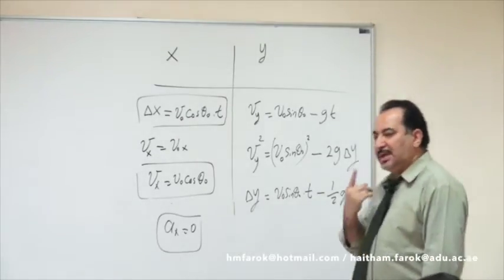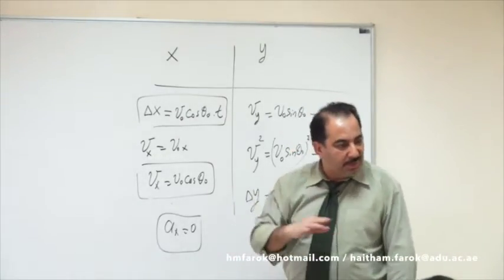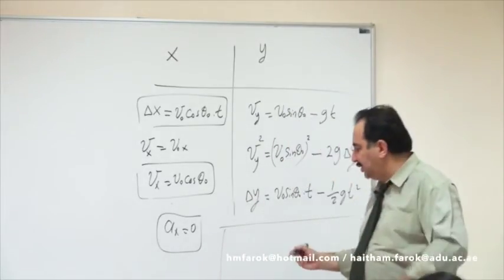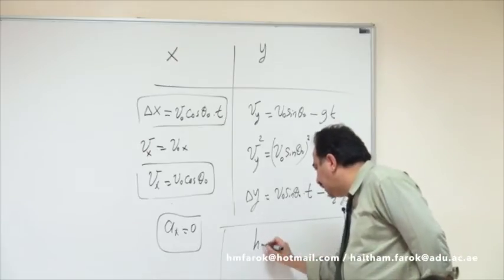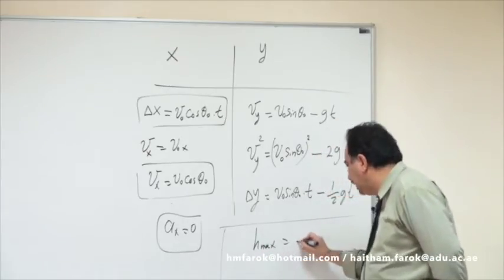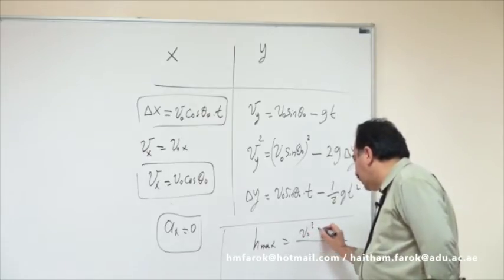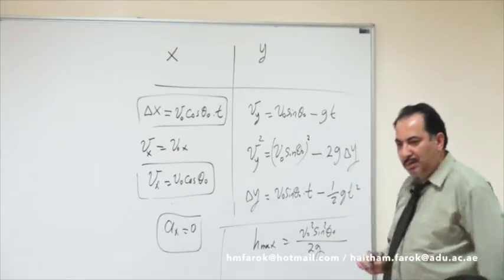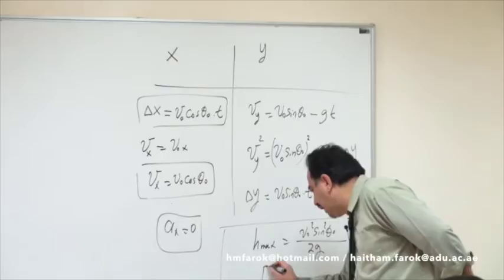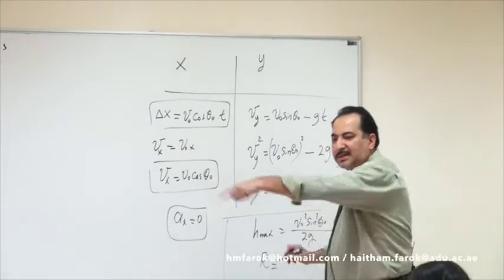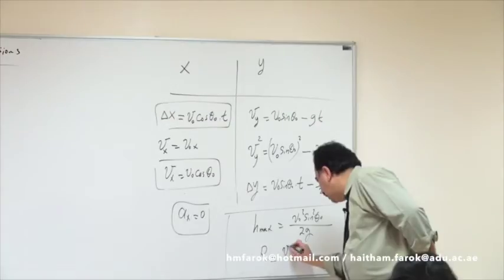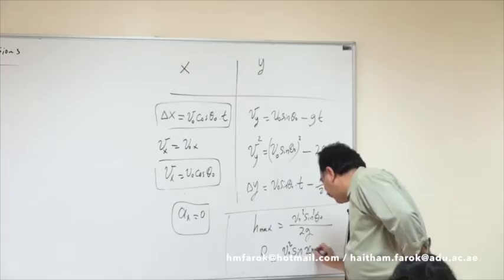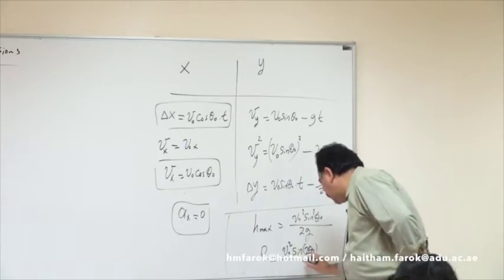Now, a special case: when you have a symmetric projectile, what do you add to these? H max is V naught squared sine squared theta naught over 2g. And the second one, about the range, maximum delta x, is V naught squared sine of twice the firing angle over g.